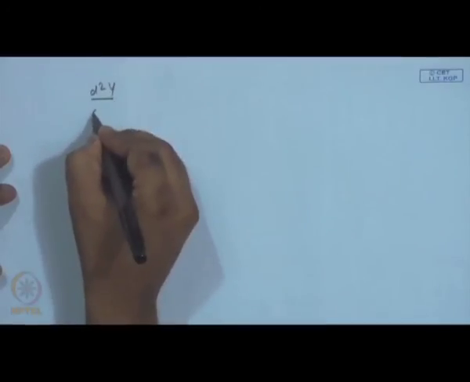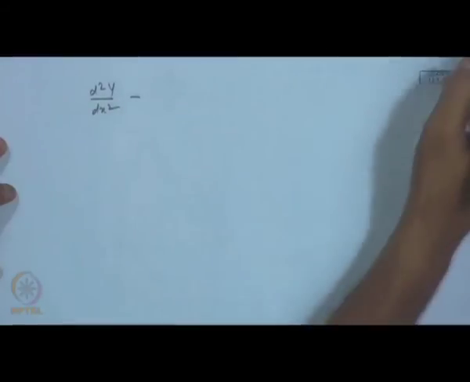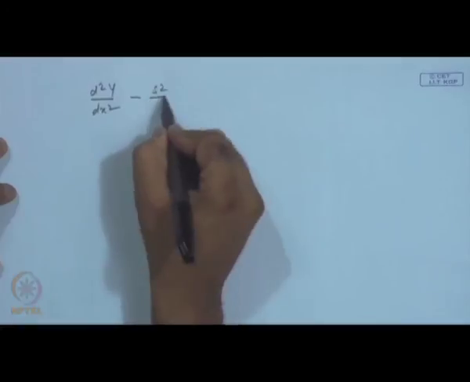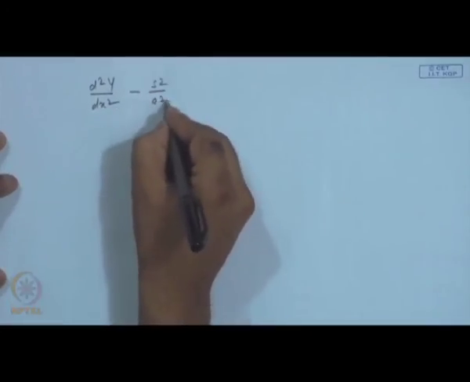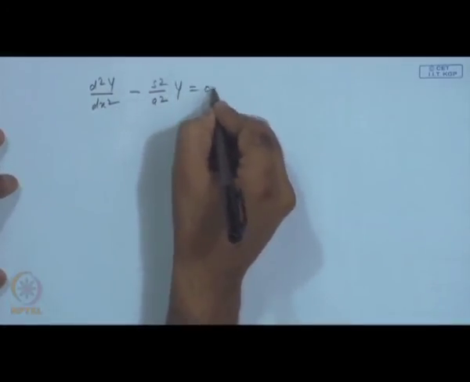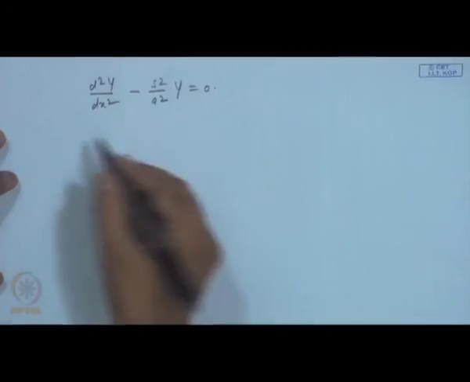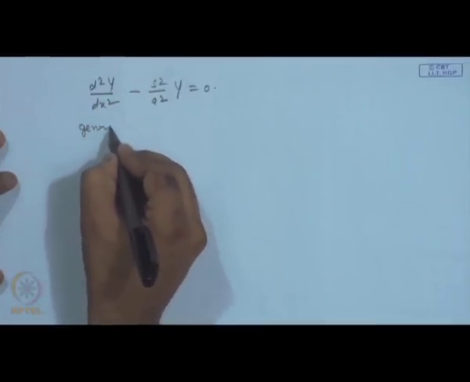So, let us just rewrite again. So, we have d 2 y over d x square minus s square over a square y is equal to 0. And now, its general solution is easy.